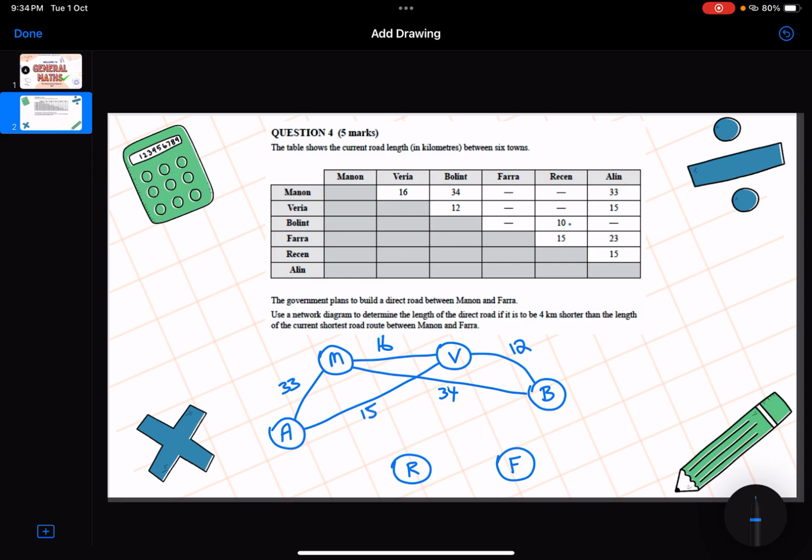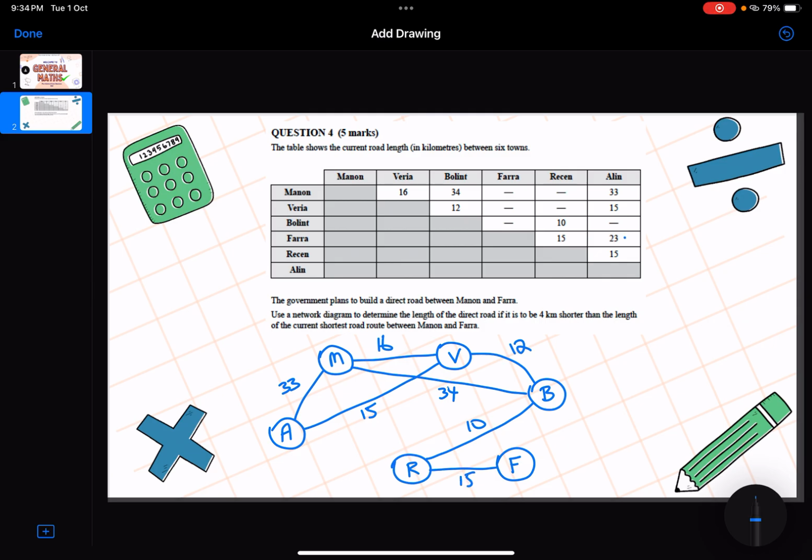Bollant and Recent for 10, so we'll connect those two up, a total of 10 kilometres. And that's it for Bollant; it doesn't connect up with any other towns. We've then got Farah with Recent for 15.